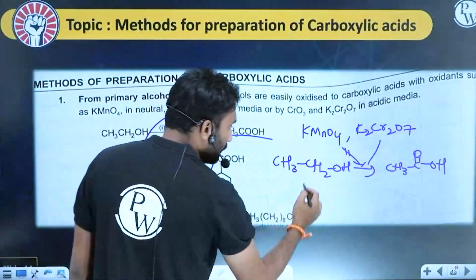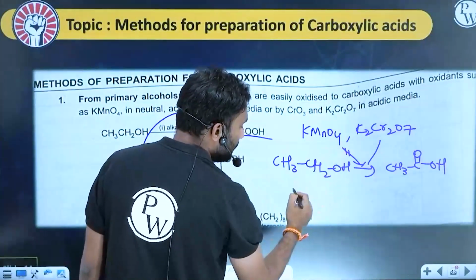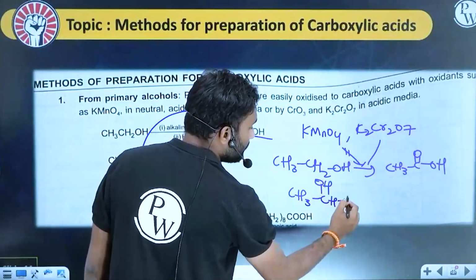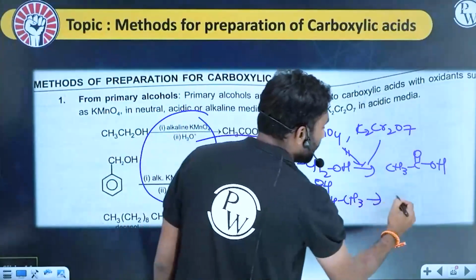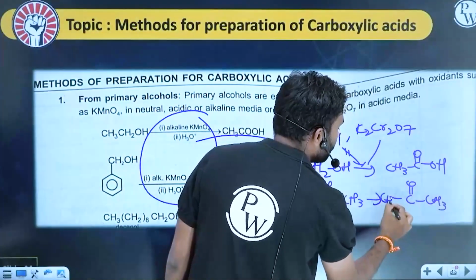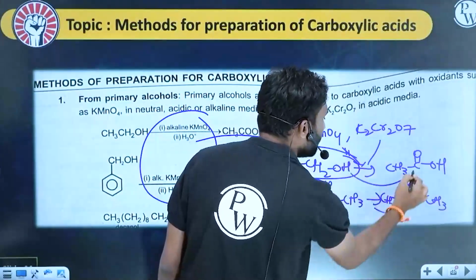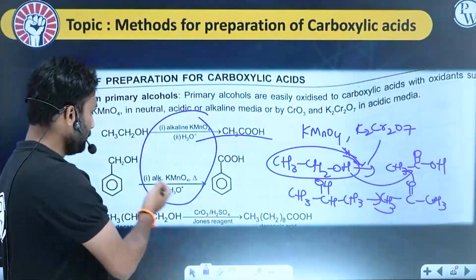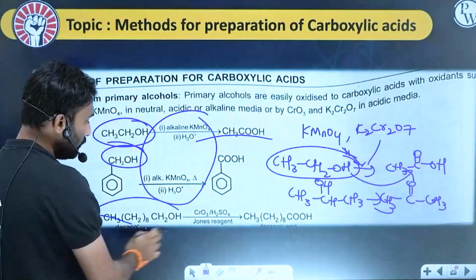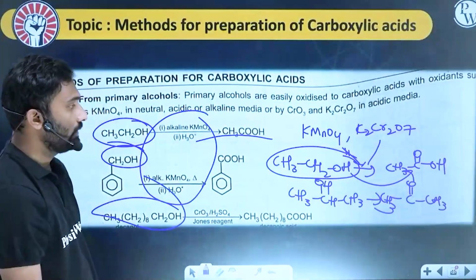If you give a secondary alcohol, it will be converted into ketone. But primary alcohols only will be converted into carboxylic acid. Look here, this is a primary alcohol, and this is also a primary alcohol. Clear?